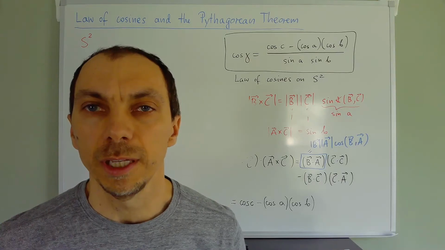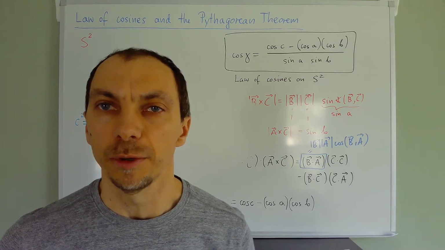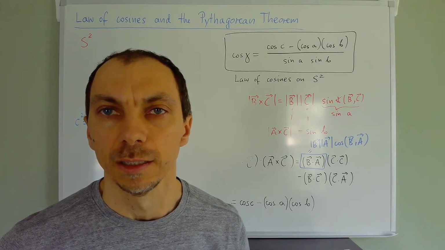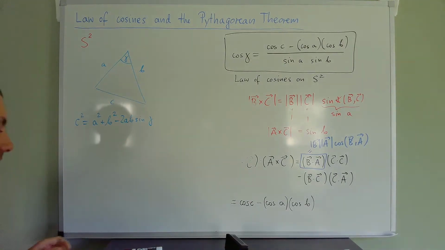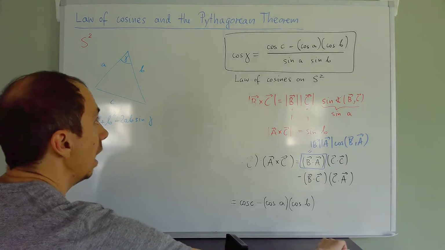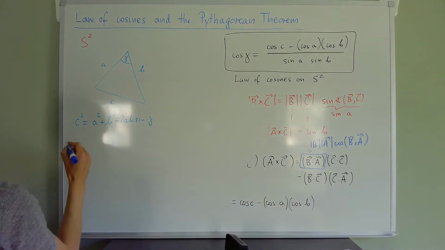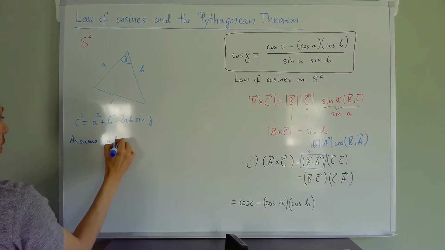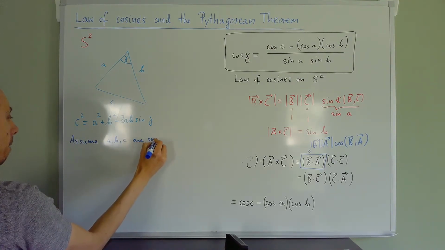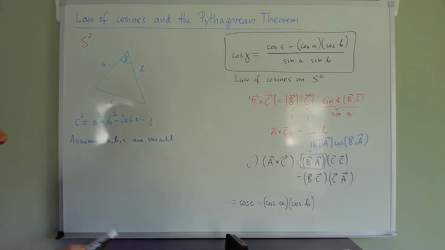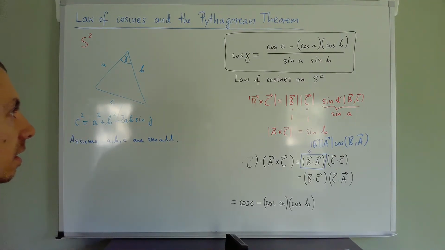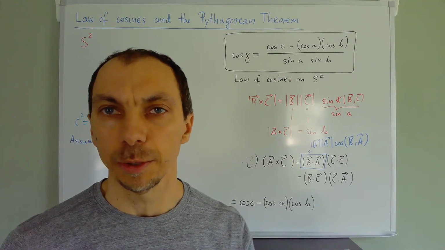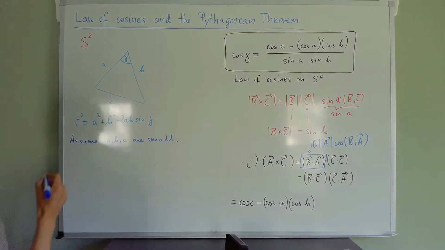Except for one thing, namely, if the triangle is small enough, remember that things should resemble what happens on a plane. So let's now assume that these lengths A, B, and C are small. In that case, I'm going to use the Taylor series for sine and cosine to get good approximations.